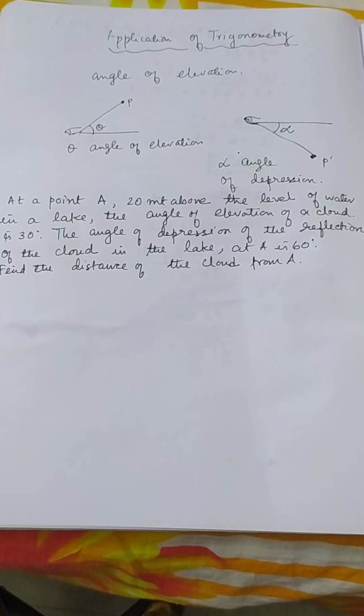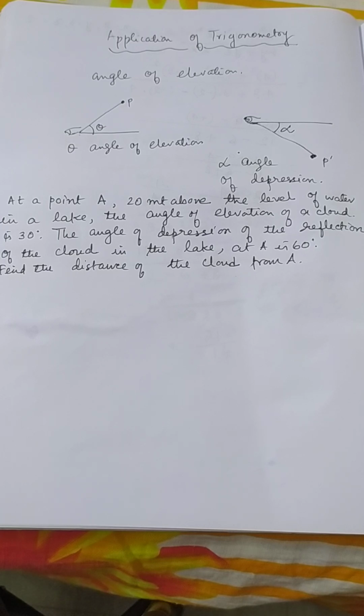Now based on the idea of these two angles, the angle of elevation and the angle of depression, and also using the knowledge of trigonometry, we will solve some interesting numericals. So here is the question. Let's first read the question.